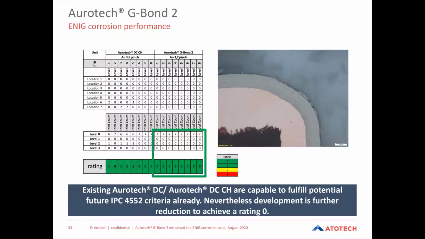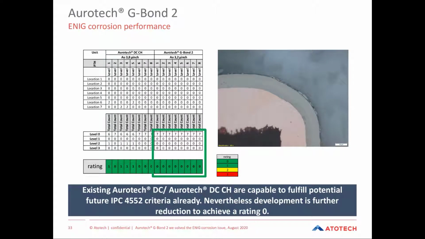If we see few events which are not deeper than 20%, we count this as level 1. If we see any surface corrosion, or really severe corrosion deeper than 40%, and we see numerous of those, then this is level 3, and everything in between is level 2. So of course we are looking to have level 0 or 1 preferably.